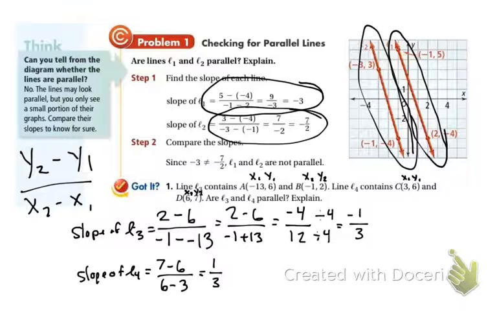These are not parallel lines because the slope for L3 was -1/3 and the slope for L4 was +1/3. They need to be exactly the same to be parallel.